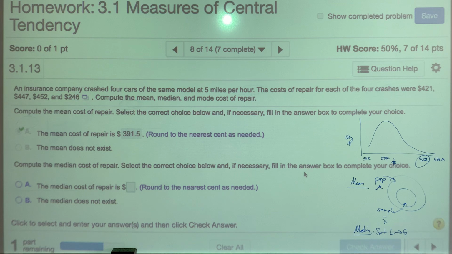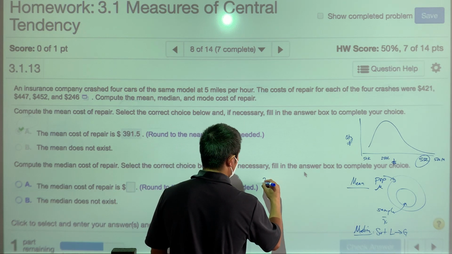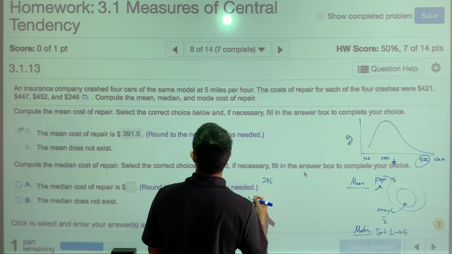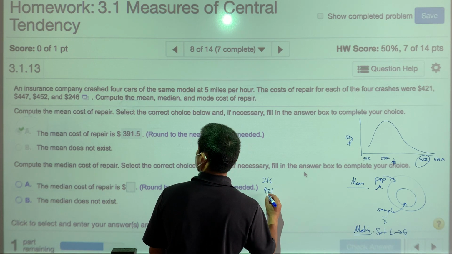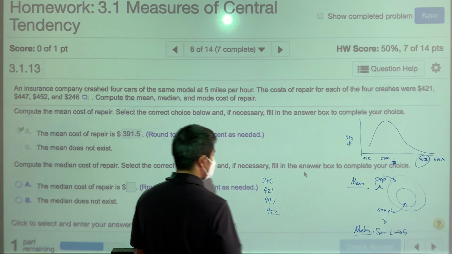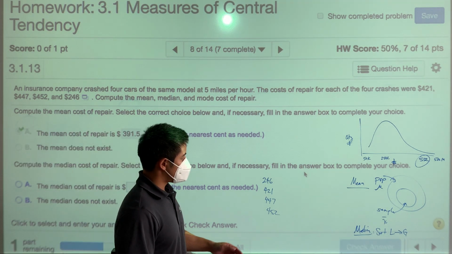Now, median. Let's do the median together, shall we? So the median of this, what do I need to do first? Order them, right? 246. What's next? 421, 447, and 452. So those are my 4 repair costs. What did I do first?